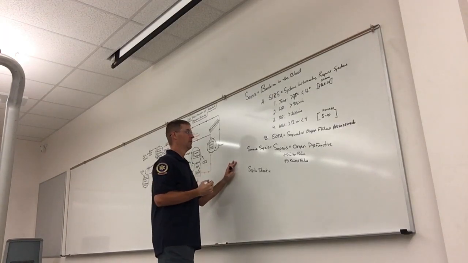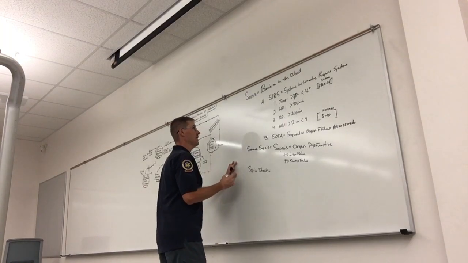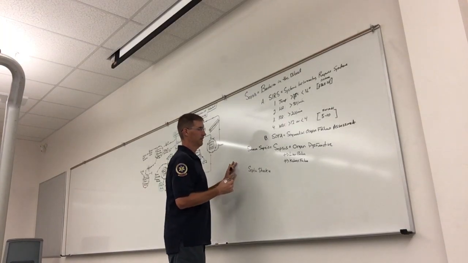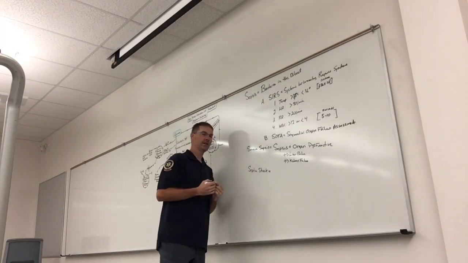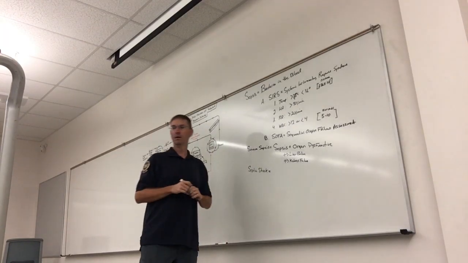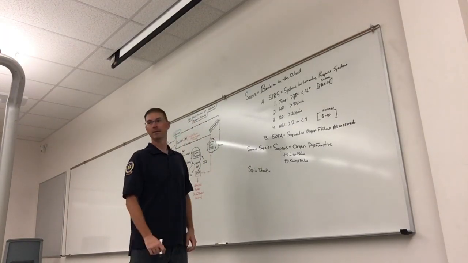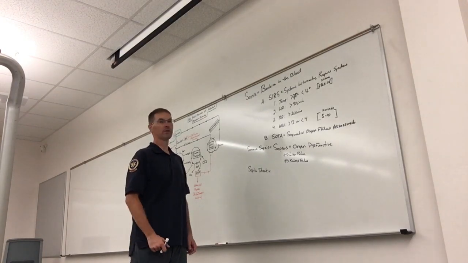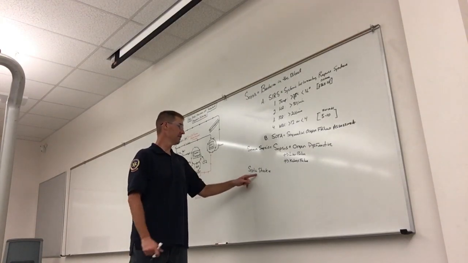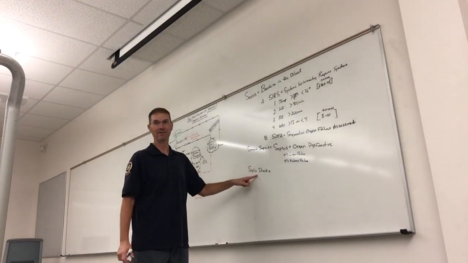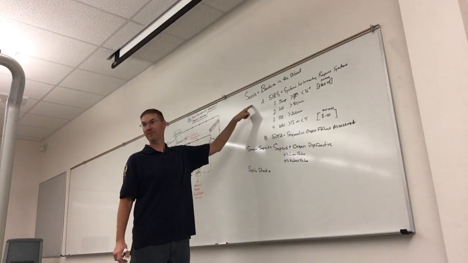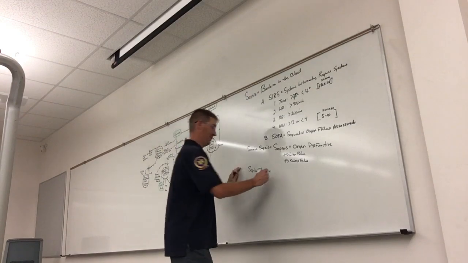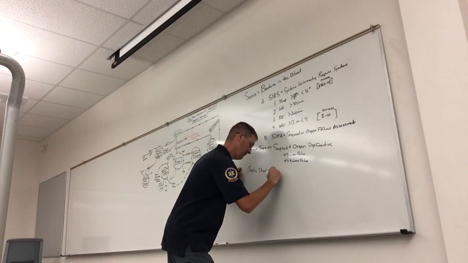To say that somebody is in septic shock, there are some criteria that have to be met. First of all, what do they absolutely have to have? They have to have sepsis. Does that make sense? So you have to have sepsis to be in septic shock. That's the first part of it.